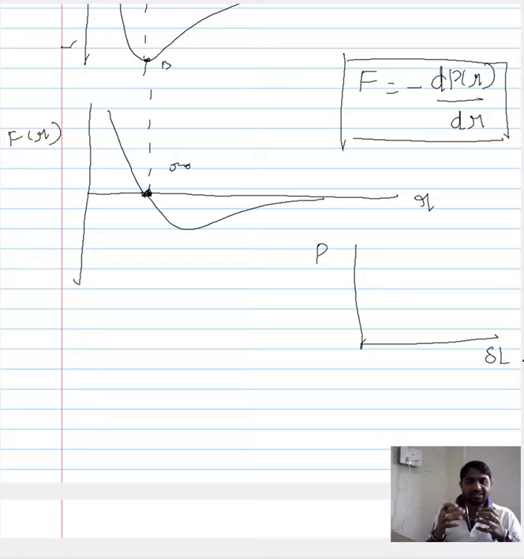So we can relate this force plot at the atomistic scale to the load elongation curve at the macroscopic scale, because in the load elongation curve the same thing happens. The load, which is a force, changes the positions of the atoms, thereby increasing the overall length of the specimen.